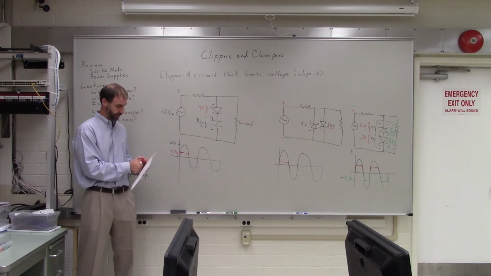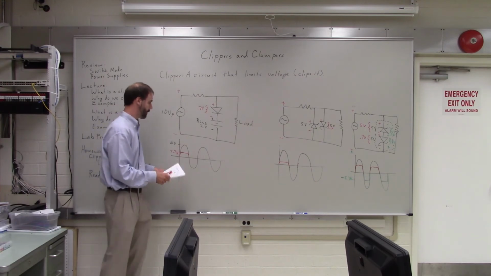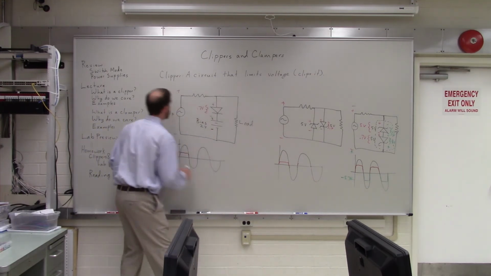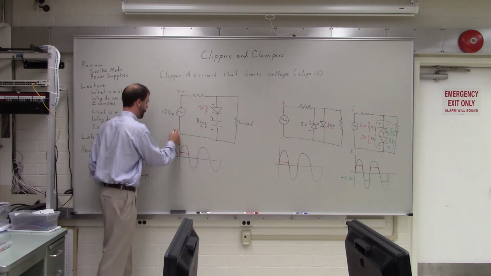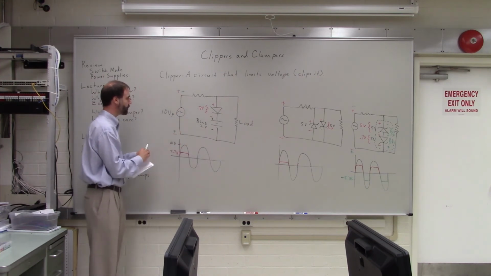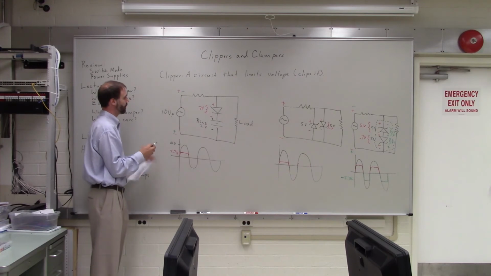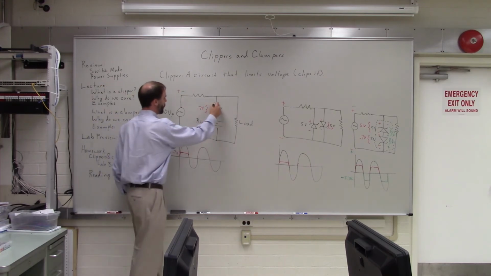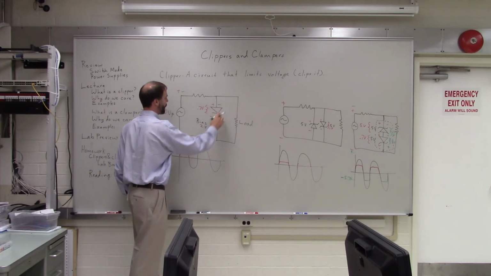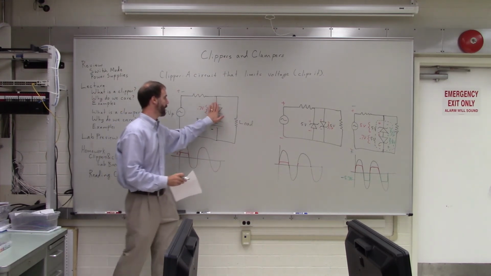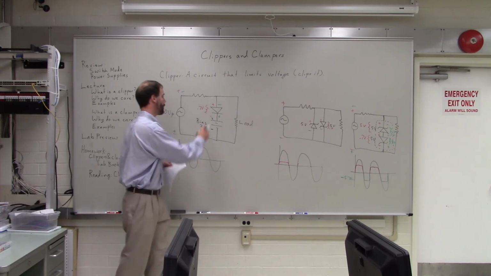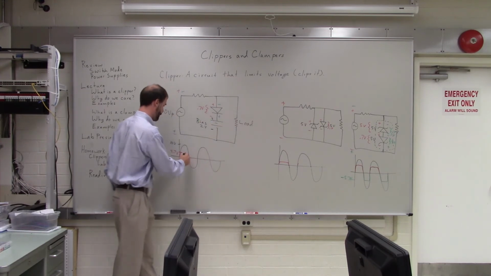So if we had a negative voltage up there and a positive voltage down there, then it's reverse biased. So basically it cuts off that entire path, so it's like that path is not even there. So all of the voltage goes across the load.